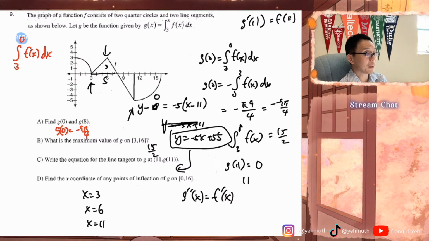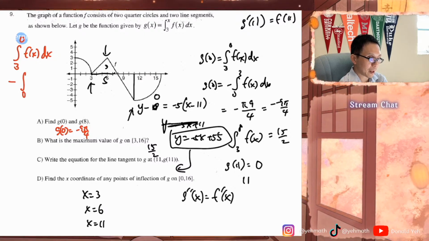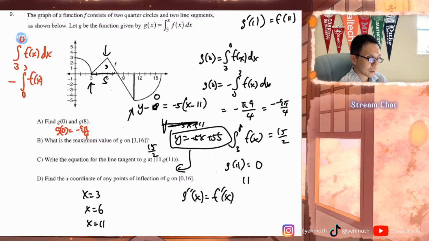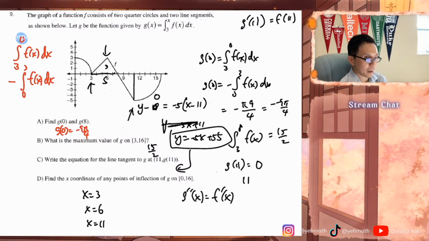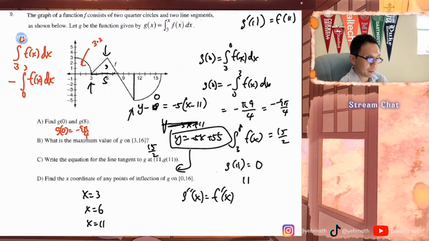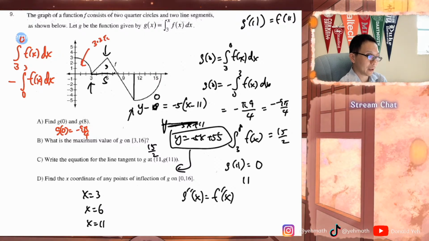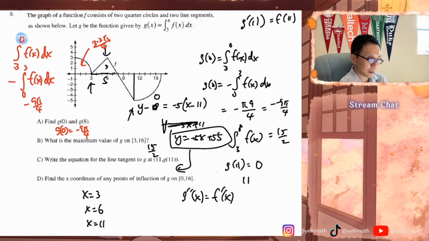But what's the problem? The bottom number is larger than the top. I don't know if June told you that, Darby, but you have to switch this. Did she tell you that? Yeah, you have to switch and make it minus. Now this one is going to be a 3 by 3 pi r squared, divided by 4, so it'll be 9 pi over 4, so it'll be negative 9 pi over 4.